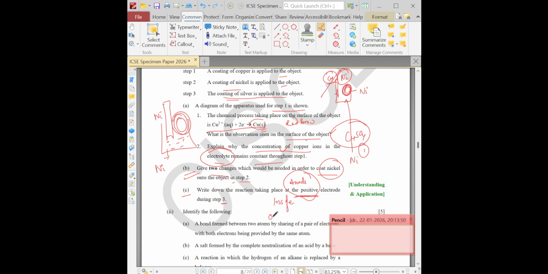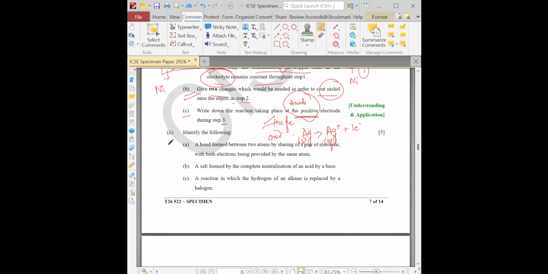Okay, so oxidation occurs over here. So this silver is going to break into silver ions and electron, right. Here you will write silver in solid state, here you will write silver in aqueous state. Okay, so this is the reaction, right.